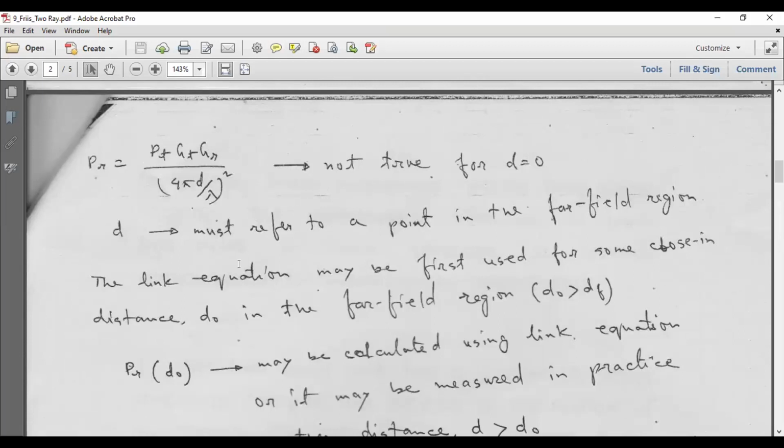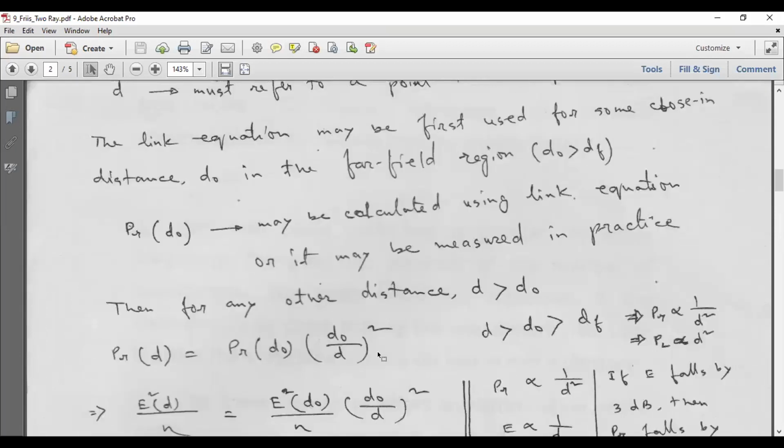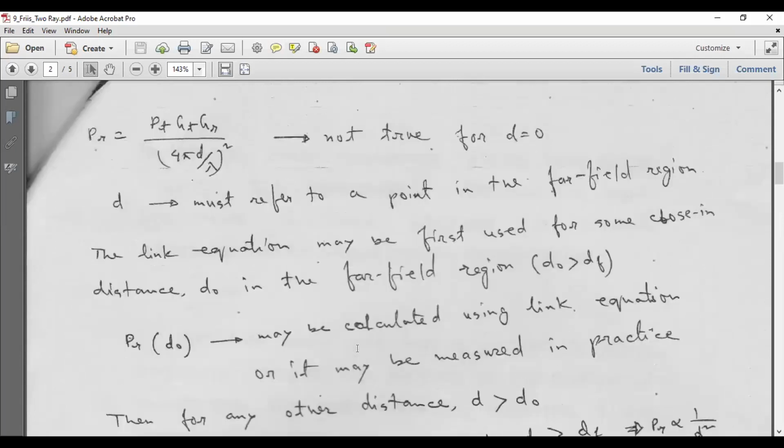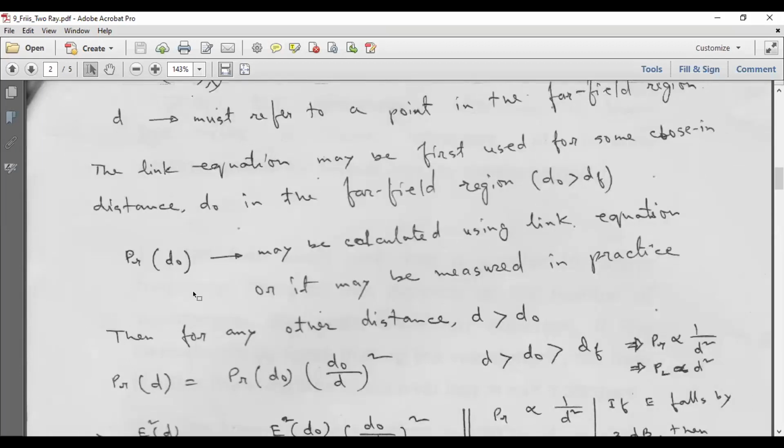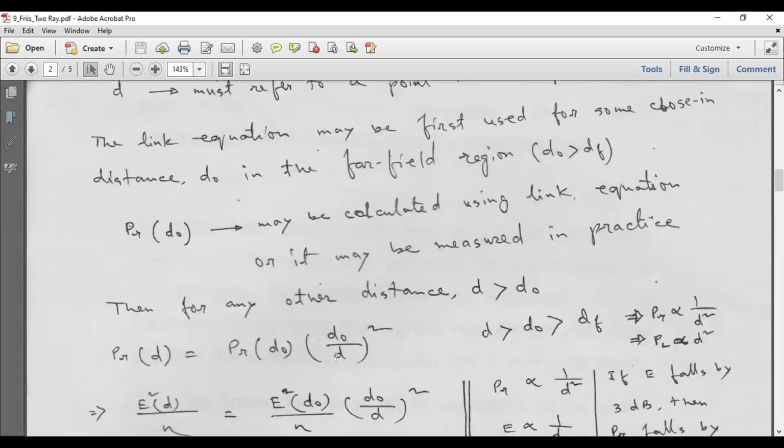Now for different distances, the received power can be calculated just using this relationship, holding PT, GT, GR constant. If you know the PR for D naught, then for any distance D, you can calculate PR this way. It's a calculation.